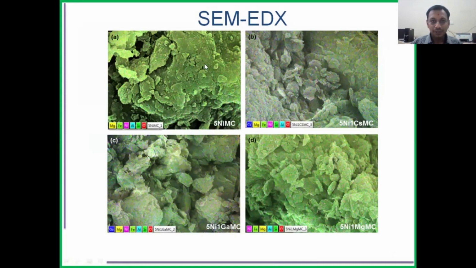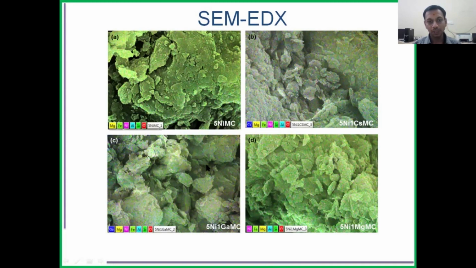If you do, you can see the surface examination under the SEM, but with the EDX assembly you can get different elements in different colors. So you can recognize different elements with different colors under the EDX attached to the SEM. In this way, you can get the idea that magnesium is present, iron is present, silicon is there with oxygen.